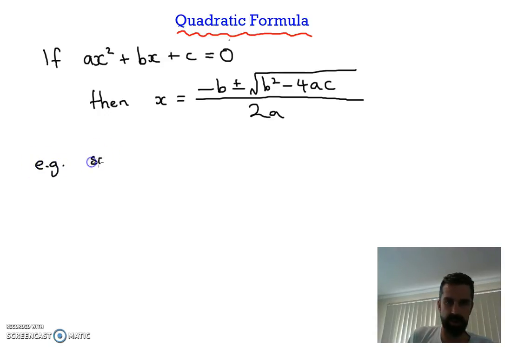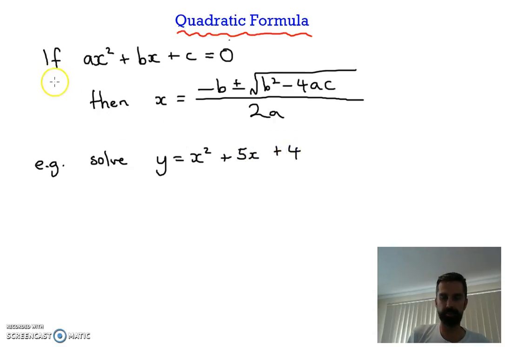So let's say we have been asked to solve the equation y equals x squared plus 5x plus 4. If we wanted to use our quadratic formula, we first need to look for a, b, and c.